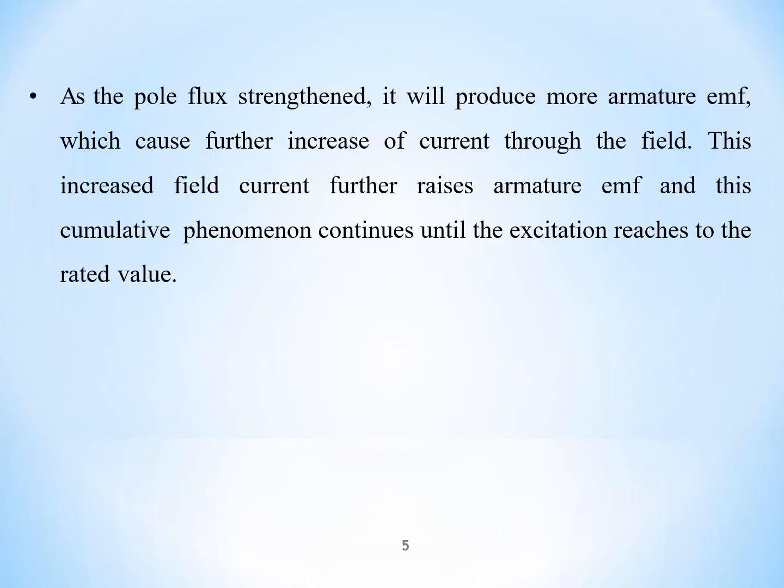As the pole flux is strengthened, it will produce more armature EMF, which causes further increasing of current through the field, and this increased field current further raises armature EMF, again increases, and the cumulative phenomenon will follow until the excitation reaches the rated value.